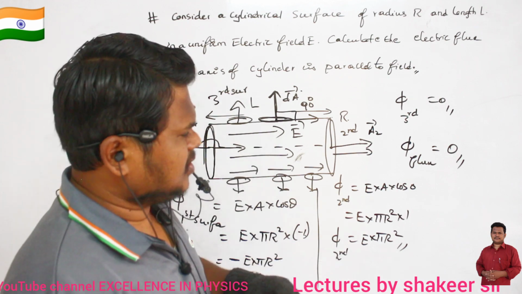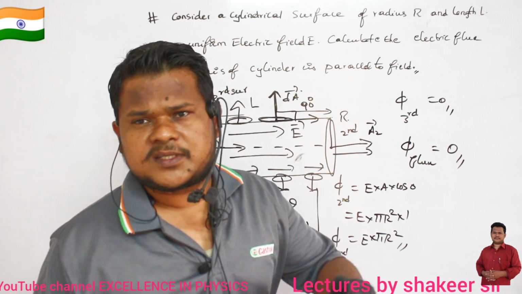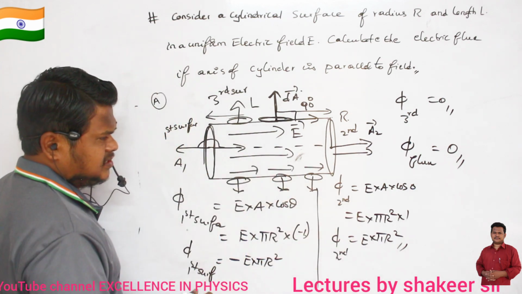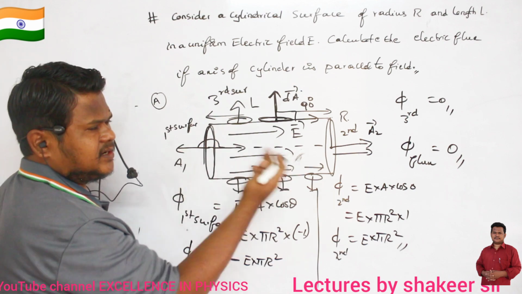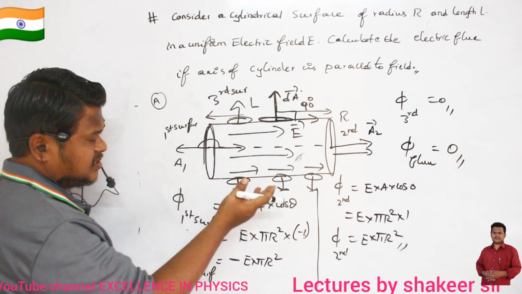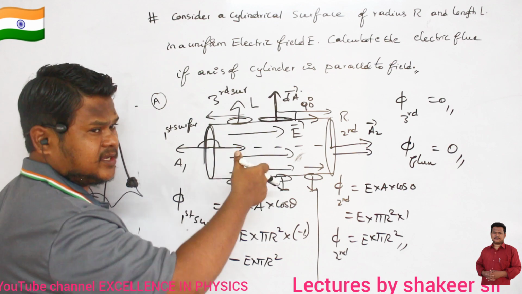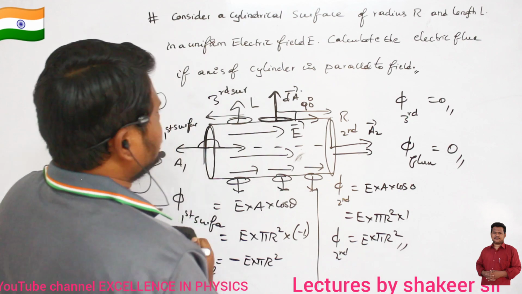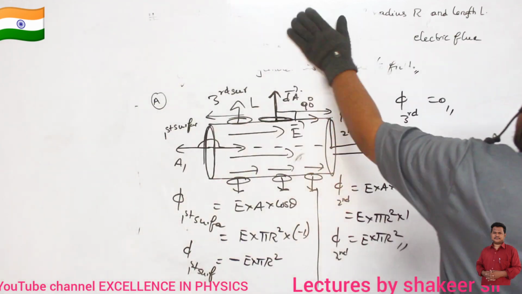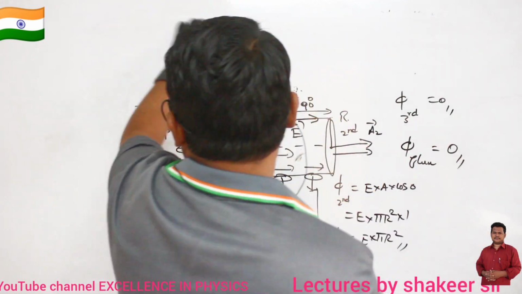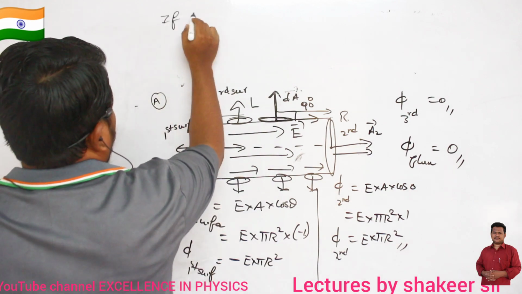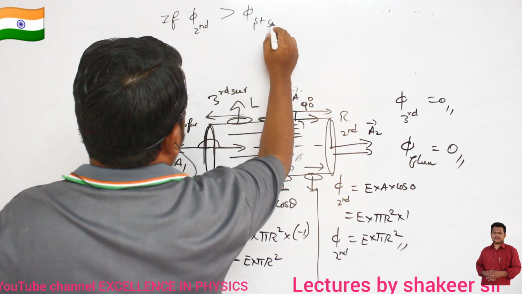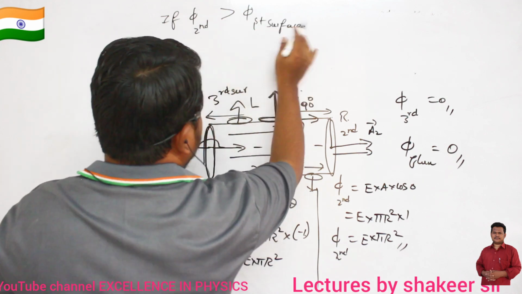So now can you say in which condition I can say flux is coming out of this cylinder? Or in which condition I can say net flux is entering into this cylinder? Very simple. See, here I can say that if flux through the second surface is greater than flux through the first surface, then what is this condition, can you see?